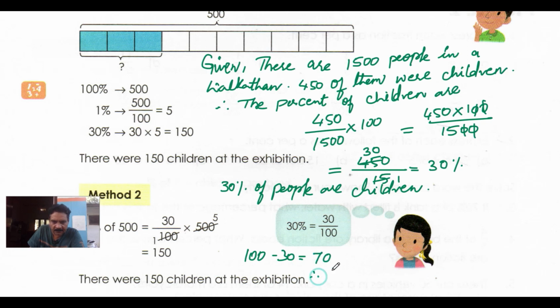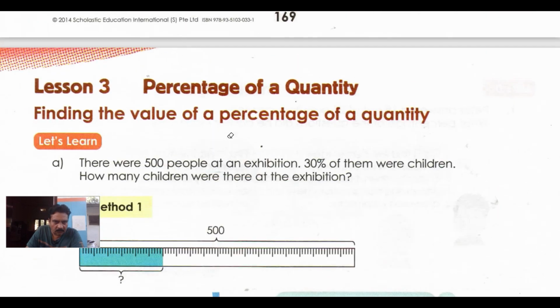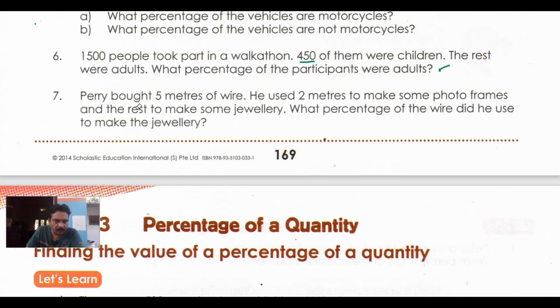Therefore we can say 70% of people were adults. This is the answer. Let's go now to the next question.